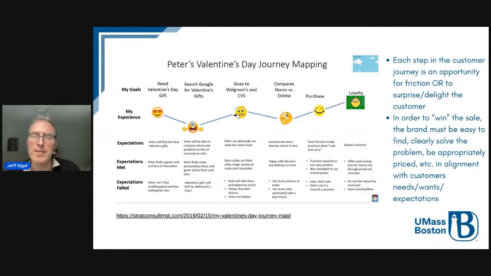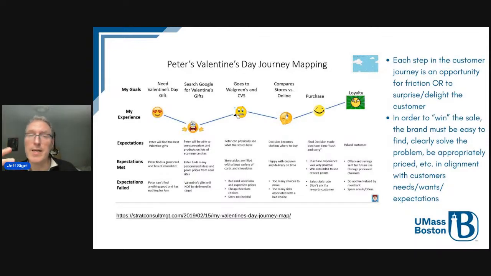So he has to make a decision. His expectation is that the decision becomes obvious where to buy. If his expectations are met, he's happy with that decision and delivery is on time. If they fail, there are too many choices to make, too many risks, and he gets frustrated. And this is actually why a lot of times people just give up in the process of purchasing.